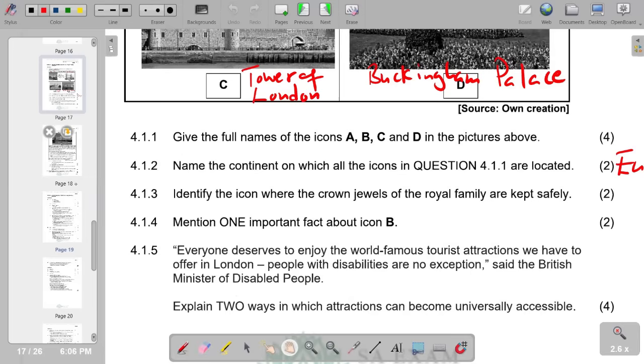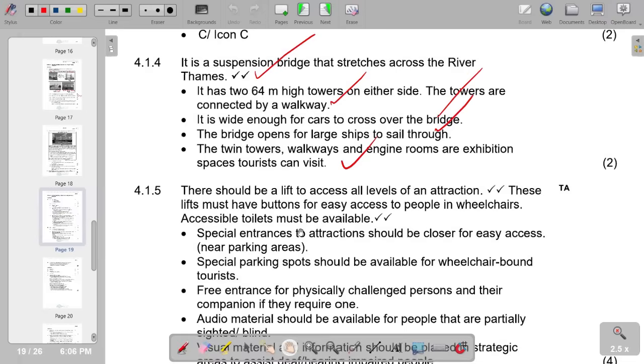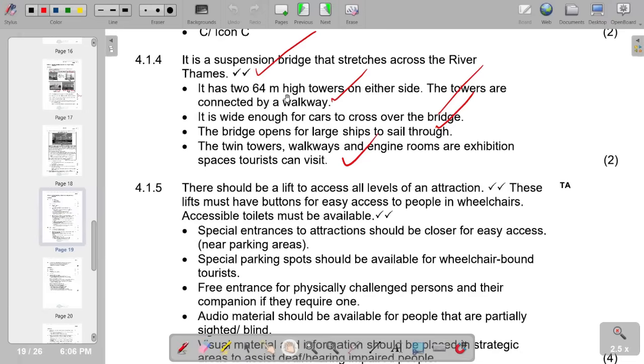So we see that they can be universally accessible if there is a lift to access all levels of an attraction, and these lifts must have buttons for easy access for people in wheelchairs. So in that way, it can be easy for the disabled.